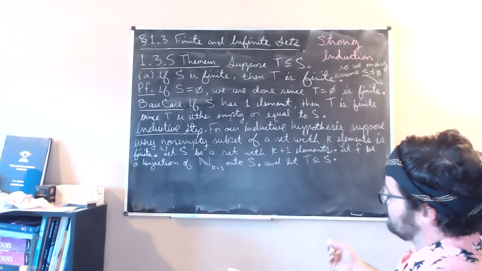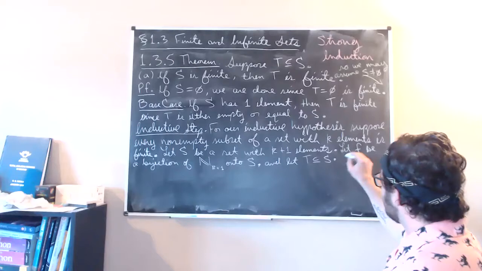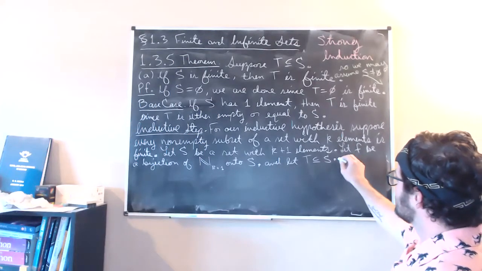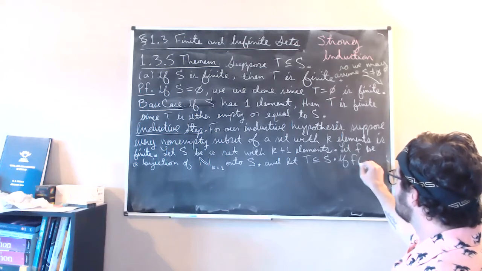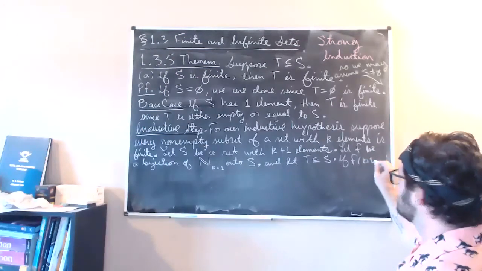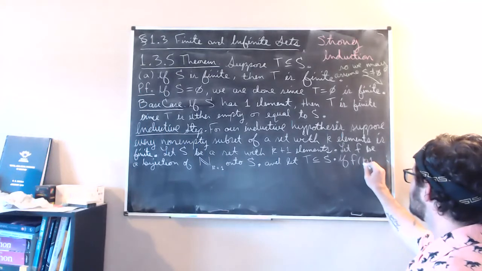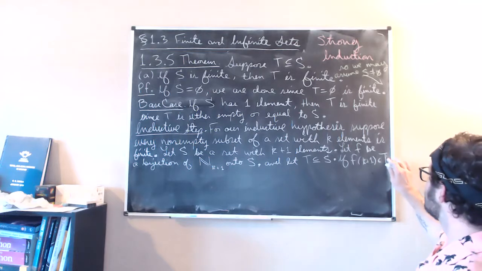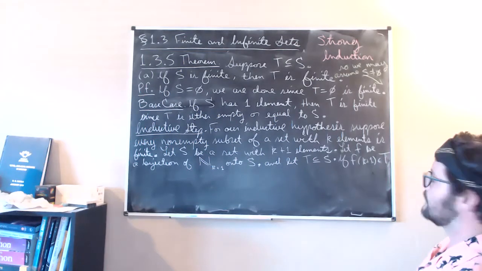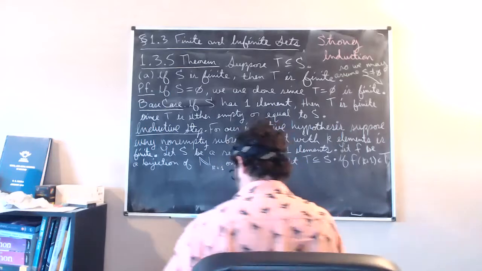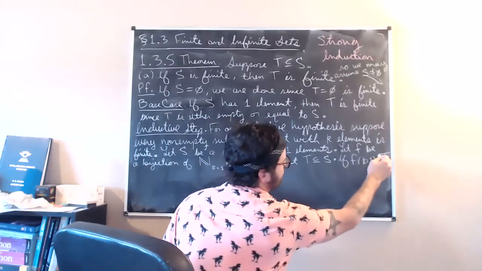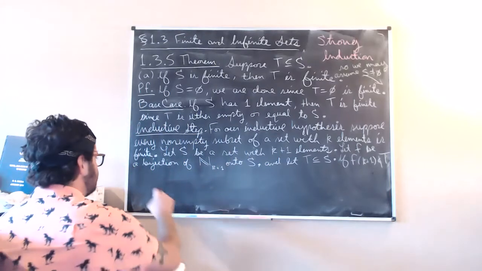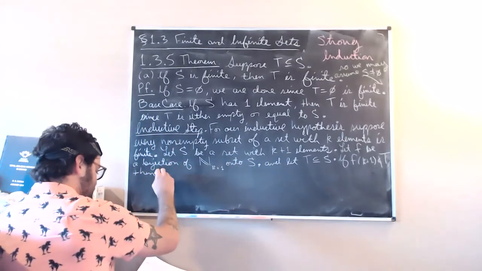Okay, now we have two cases to consider, and you'll see after I write them down. So if F at k plus 1 is an element of T... or suppose actually that it's not an element of T first, it'll be easier. So if that is not an element of T, then what can we say?